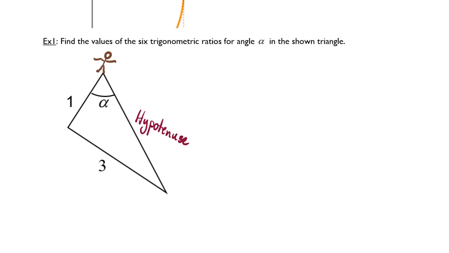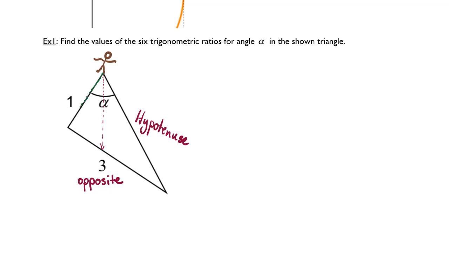I need to figure out which side is my opposite side, and that's the side where I look through the angle. And ta-da, that's my opposite side. And then I need to figure out which side is the side I can walk through, or just go straight onto from this angle.